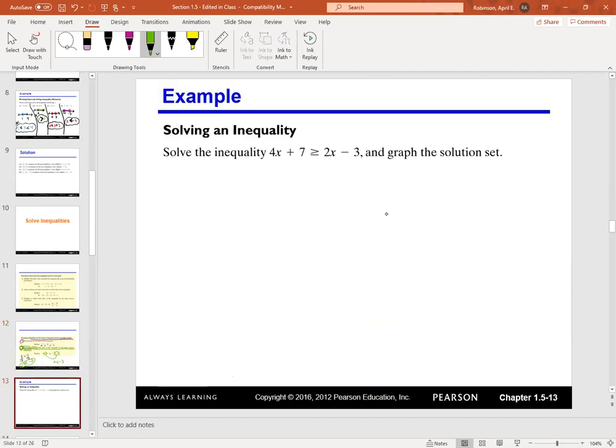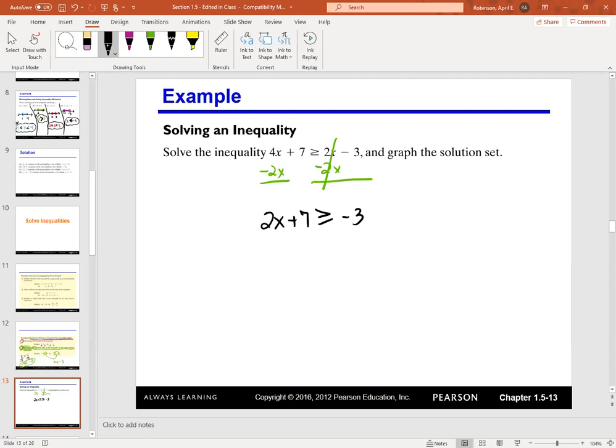So here is an example. It says just solve the inequality and graph the solution set. So if I were going to do this, I would start by subtracting 2x on both sides, cancels out there. 4x minus 2x is 2x, plus 7 is greater than or equal to -3.